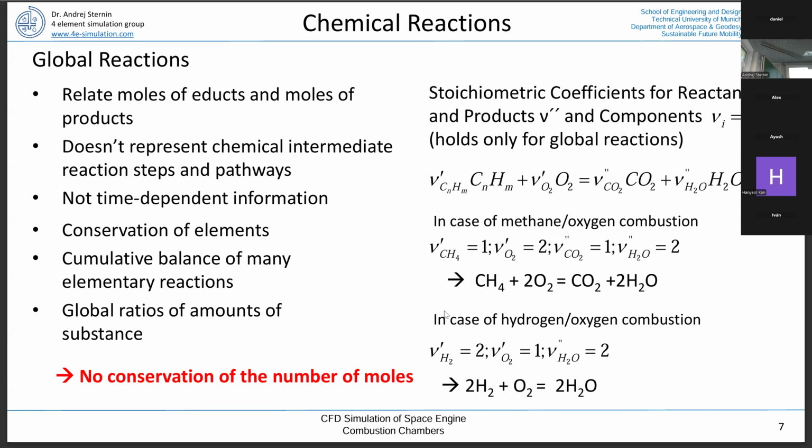So these coefficients are determined by the number of moles we need in order to generate the product. So we know methane and oxygen give us carbon dioxide and water, and then we see water would be H2O, CO2, so we need 2 oxygen molecules in order to have a balanced equation.